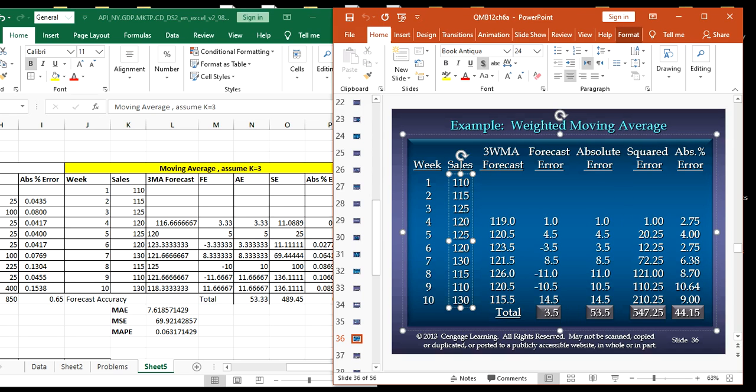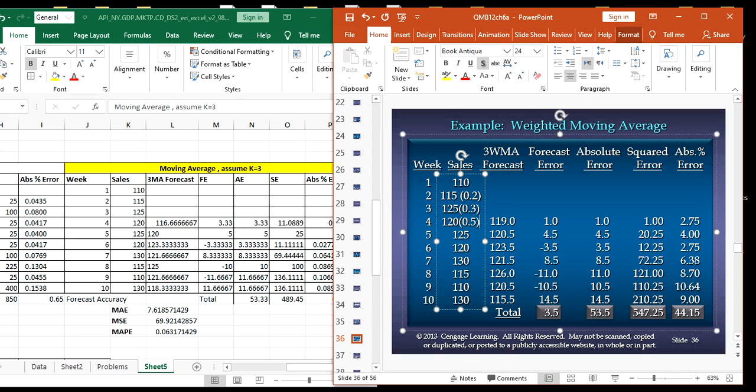The forecast sale of week 5 contains the weighted average of weeks 2, 3, and 4. So 0.2 goes here, 0.3 goes here, and 0.5 goes to the most recent one.